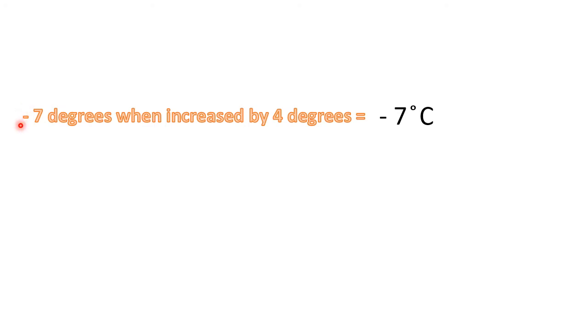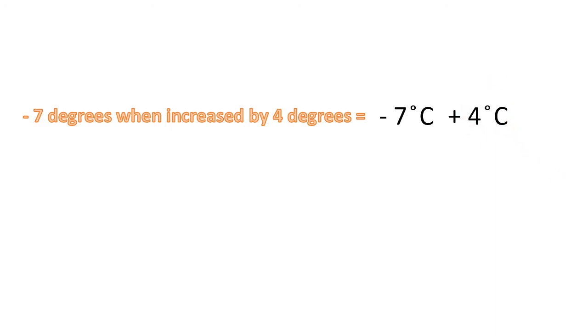Now, -7 degrees, when it is rising or when it is increased by 4 degrees Celsius, it becomes -7 degrees Celsius plus 4 degrees Celsius, right? Why plus? Because plus indicates increasing, right? So -7 degrees Celsius, which was the temperature on Tuesday, increased by 4 degrees Celsius on Wednesday.